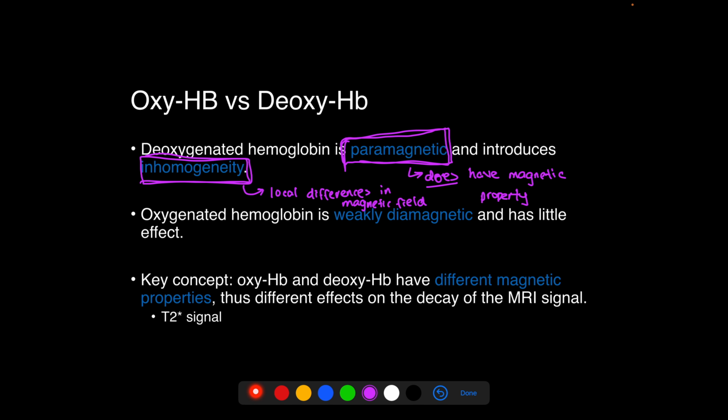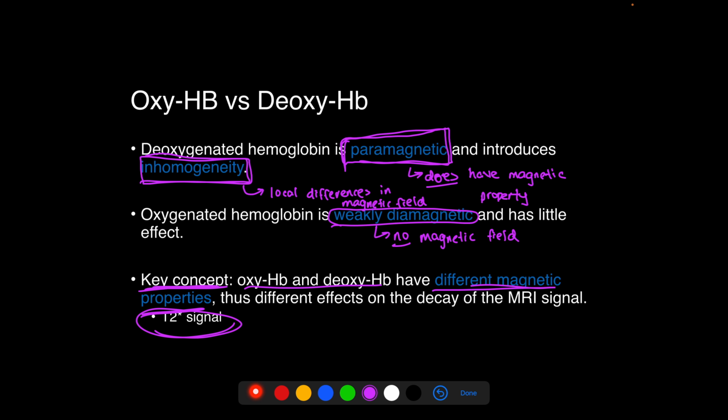On the other hand, oxygenated hemoglobin is weakly diamagnetic. So for the purposes of imaging, there's no magnetic properties or field, and so it has little effect on the signal of the MRI. The key concept that we need to understand is that both of these have different magnetic properties and thus different effects on the decay of the MRI signal, specifically the T2 star signal.